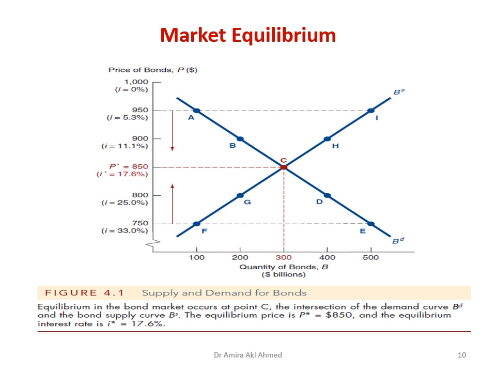At this point, the demand and supply curves intersect at a bond price of $850. This price corresponds to an interest rate of 17.6% and a quantity of bonds equal to $300 billion.